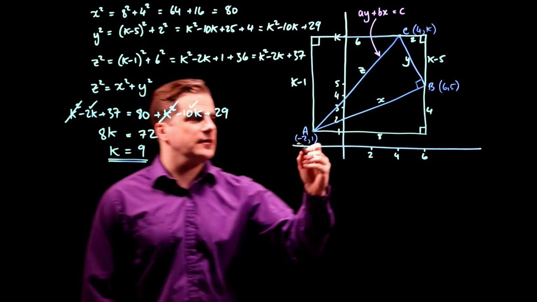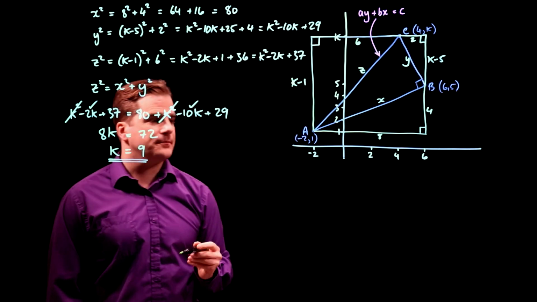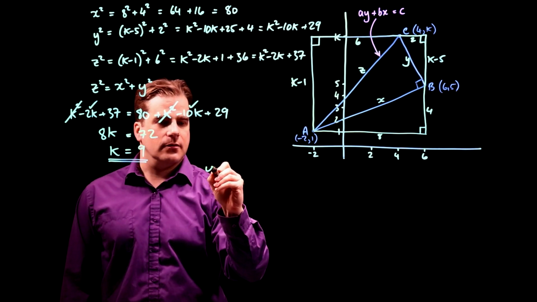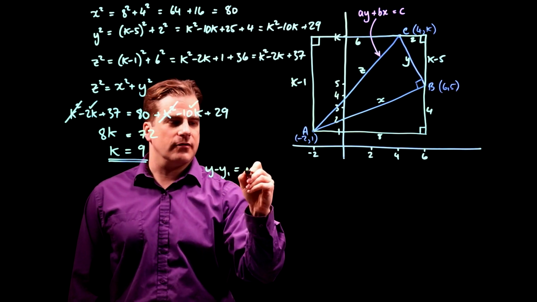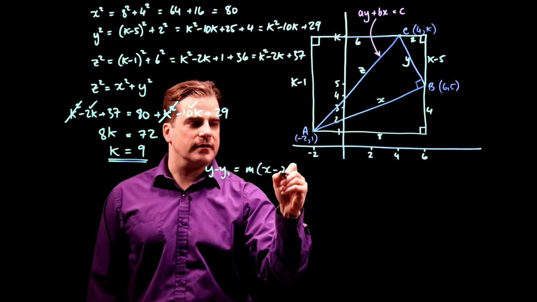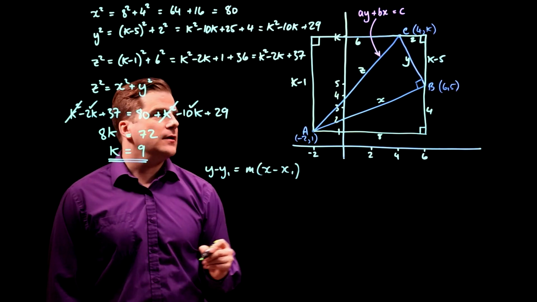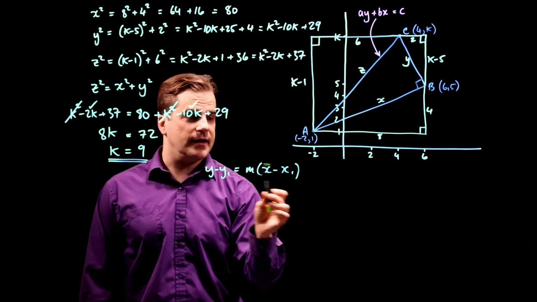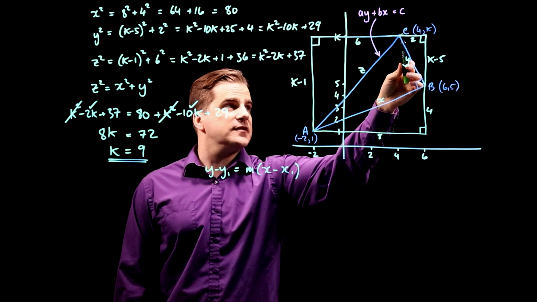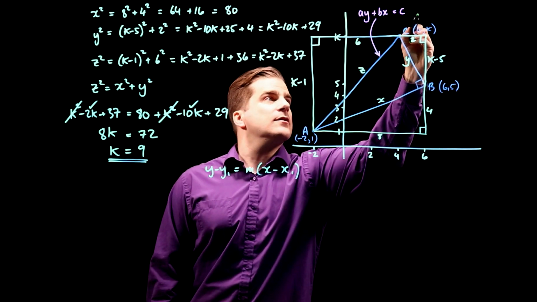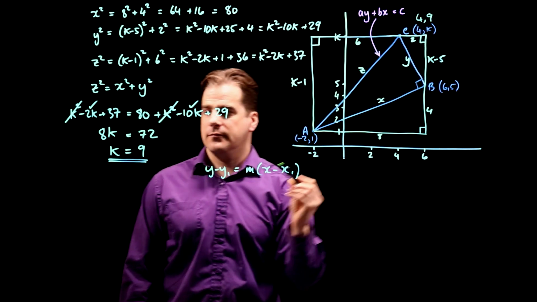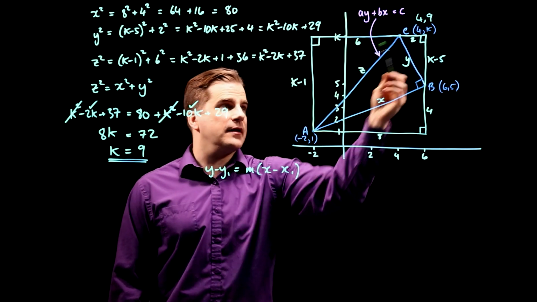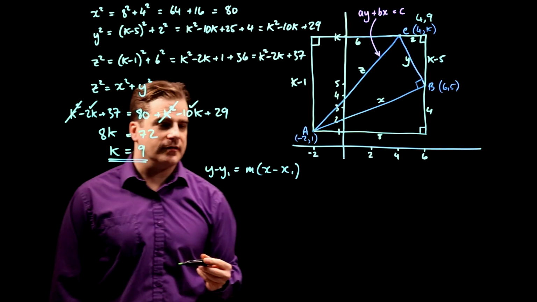Now the easy bit. Equation of the line A to C is y minus y1 is the gradient times x minus x1. Let's choose the point C. We can choose the point A as x1, y1, or C, because that's 4, 9. We've worked out k. Doesn't matter, let's choose C as the point.